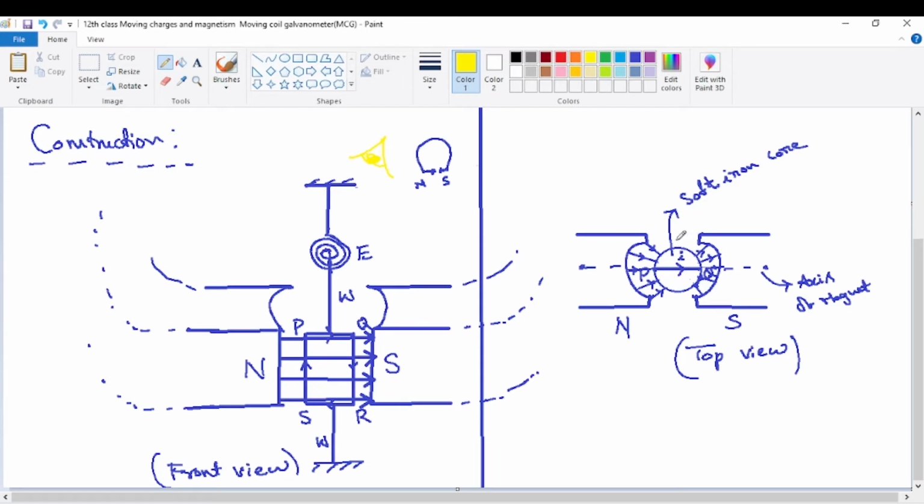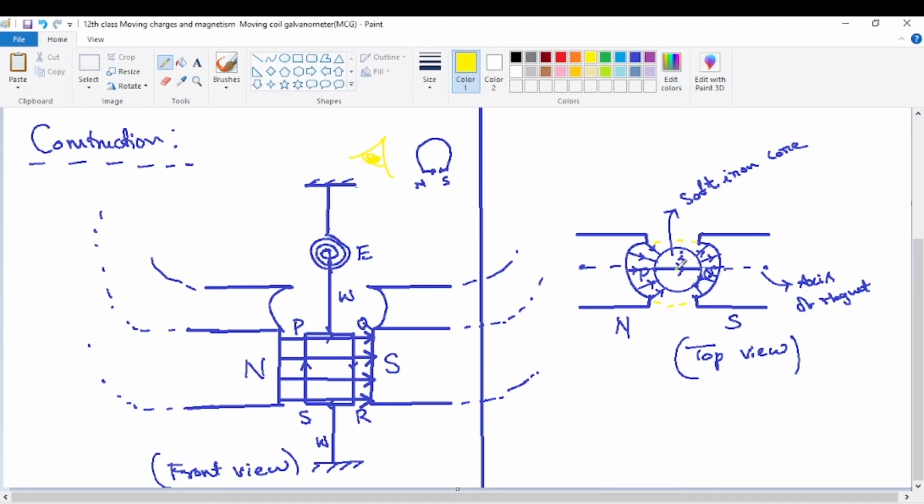Now I'm again using the yellow color to extend the poles. It can be seen that this forms almost a circle. This is the top circular cross section of the imaginary cylinder, of which both the surfaces, north and south faces, form a part. So it looks like a circle.